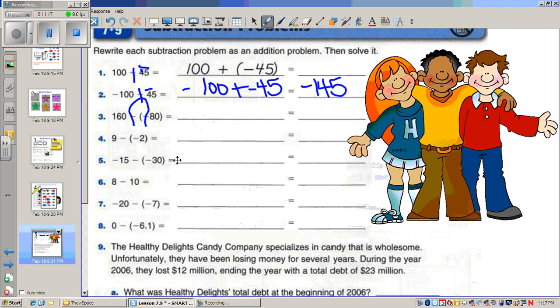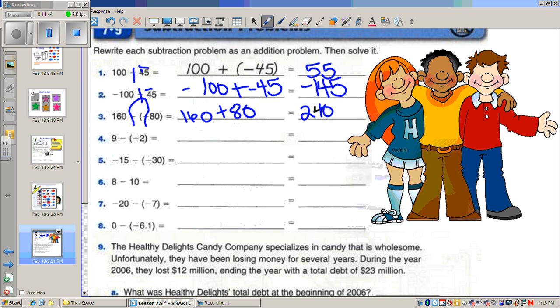So on my line, I would write 160 plus 80 equals, and I hope you say 240 because I have 2 negatives there. Okay? Good. Now on the top one, you're finding the difference here, and hopefully you put 55, because 100 plus negative 45 gives me 55.